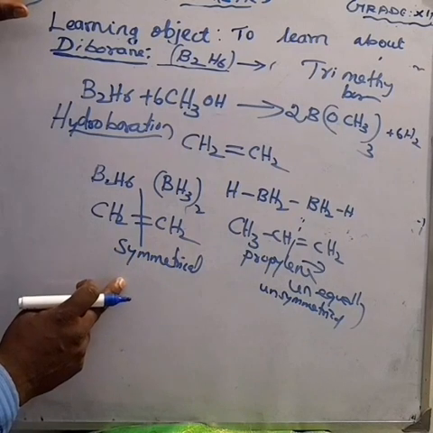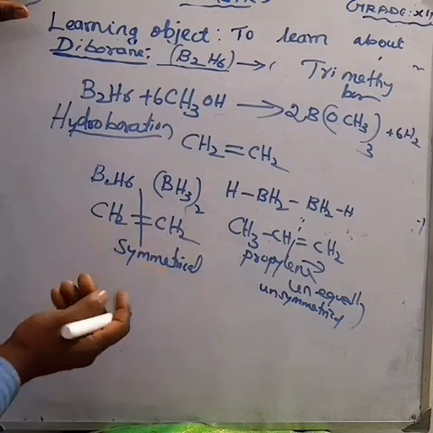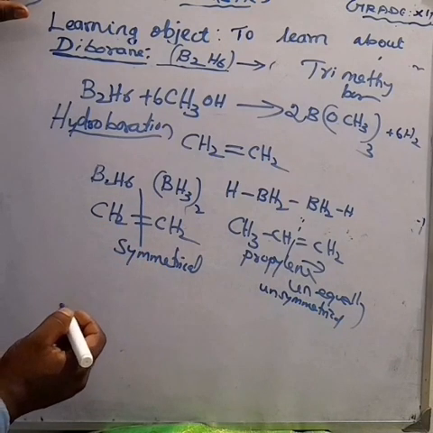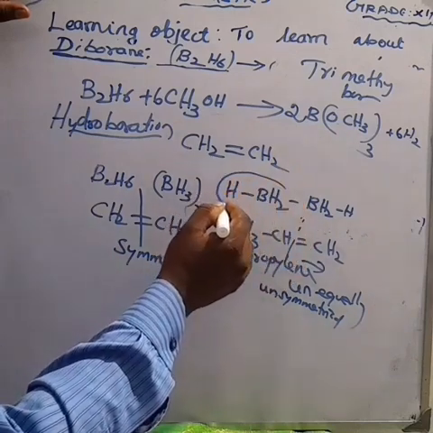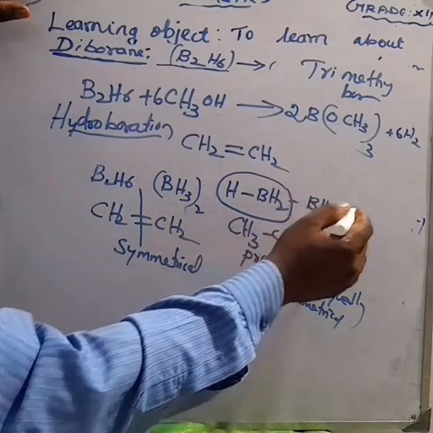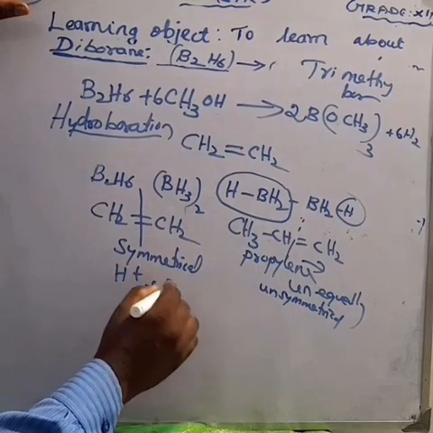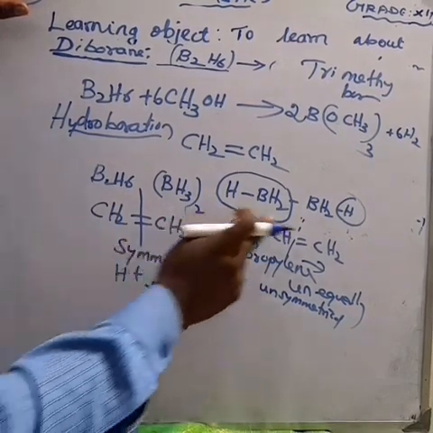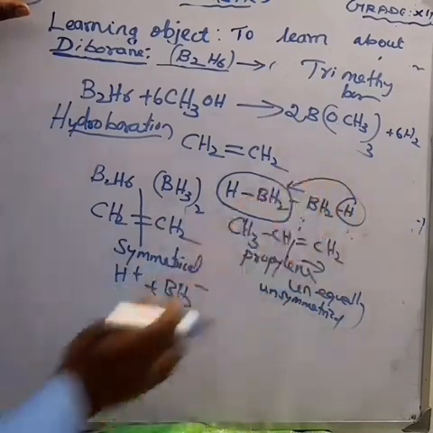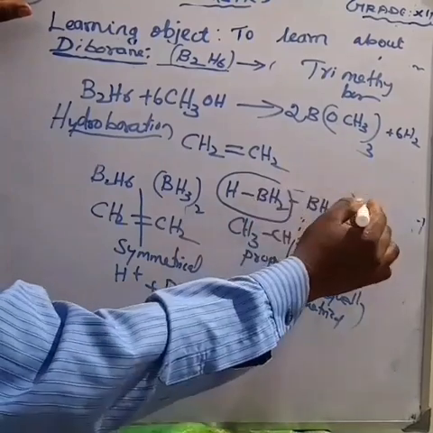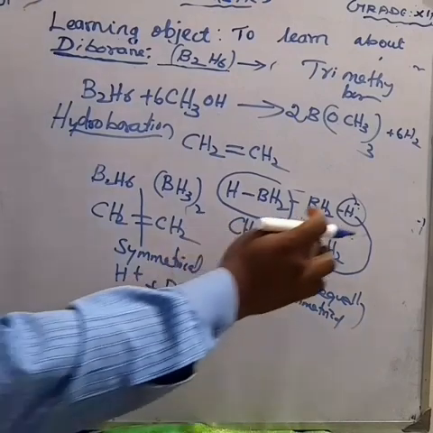During the reaction, this BH3 is split into H+ and BH2 minus. What is happening here is that this H+ will be attached to the carbon of the propylene having fewer hydrogens.